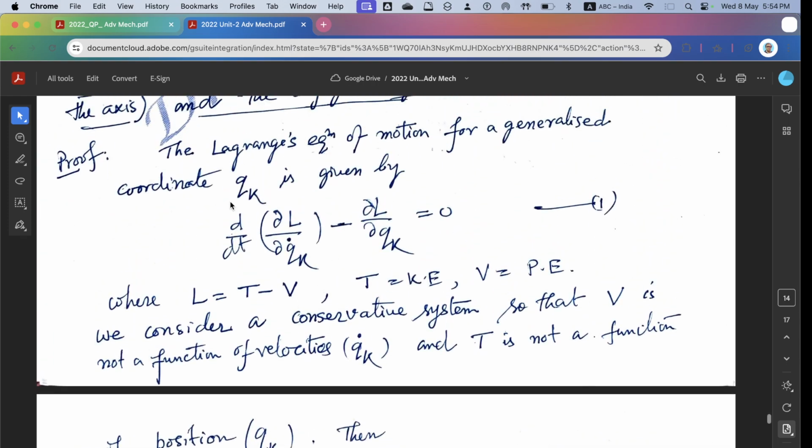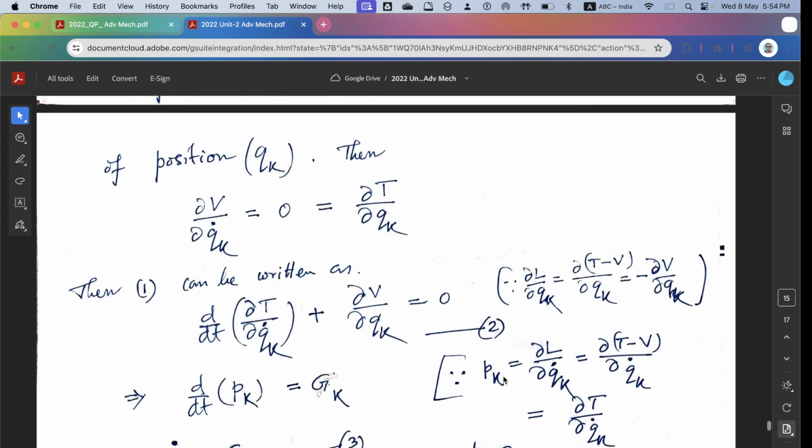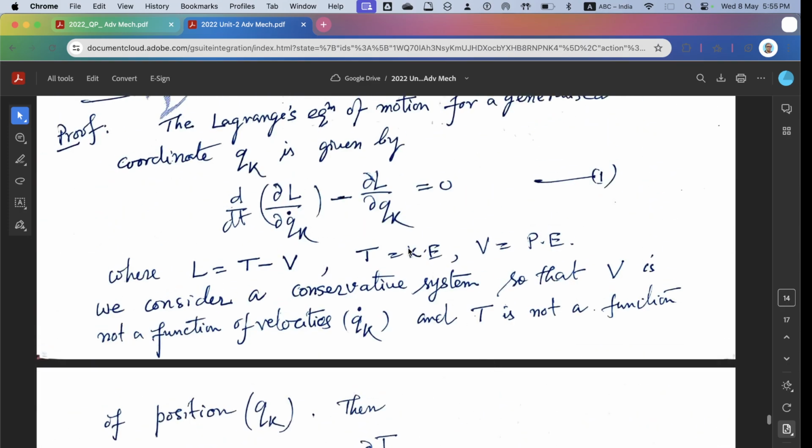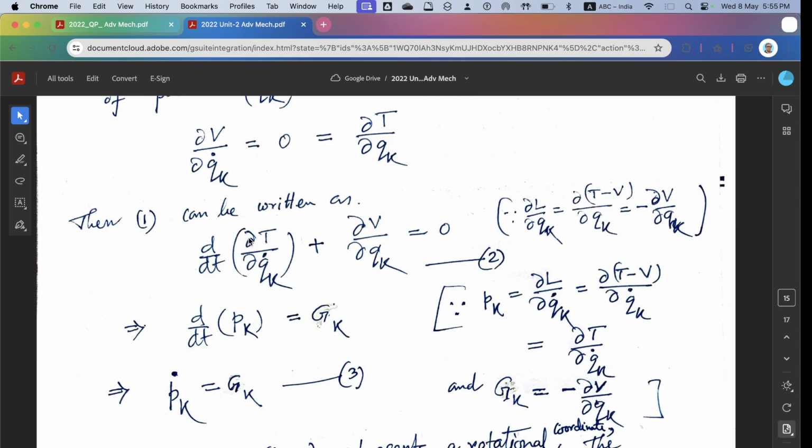Then equation 1 can be written as d/dt of del T by del qk dot plus del V by del qk equals 0, because L means T minus V. Since del T by del qk is 0, we have this minus del V by del qk, and from del L by del qk dot, T minus V, V is not a function of qk dot, so del V by del qk dot equals 0, so we get ultimately this. And pk equals del T by del qk dot, so d/dt of pk equals this, Gk.